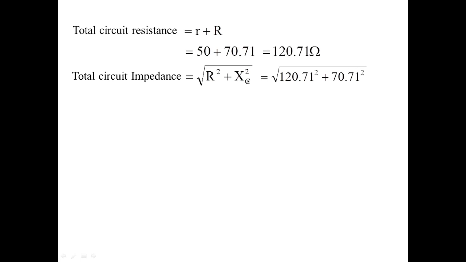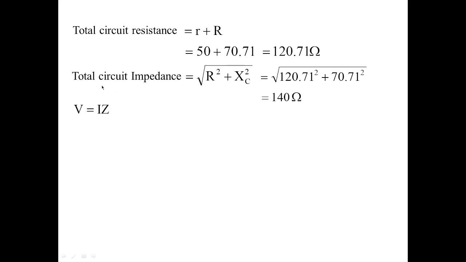Please don't get confused. According to the problem statement, we have changed the parameter of Xc as coil reactance. So this value is nothing but under root of this. So the total circuit impedance is obtained to be 140 ohms. 140 ohms is the total circuit impedance.